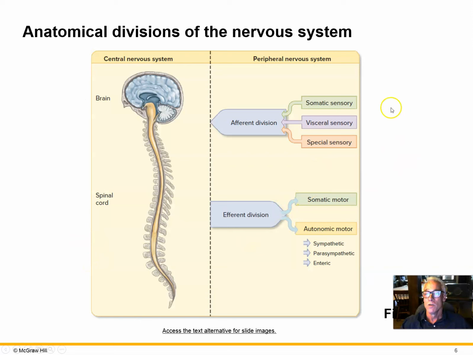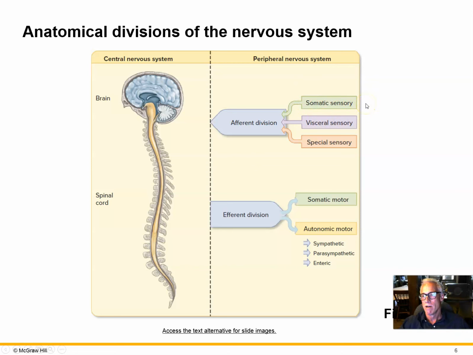Here's a cartoon schematic to clarify things. Brain and spinal cord is the central nervous system, and all the neurons that connect it to the rest of the body comprise the peripheral nervous system. We can then break things down into sensory or afferent divisions and motor or efferent divisions. Then we can break each one of those down into conscious or voluntary divisions.